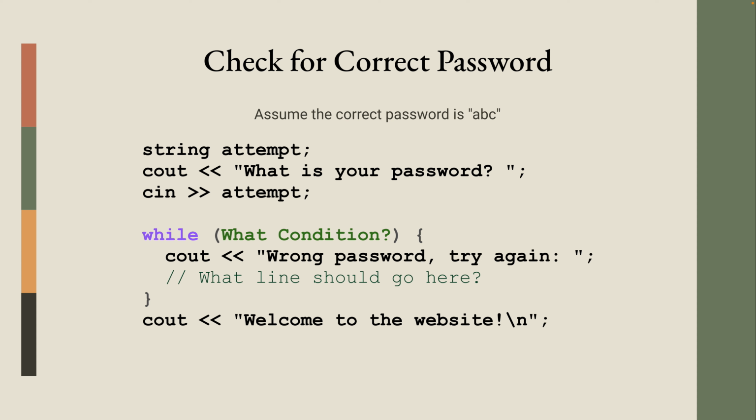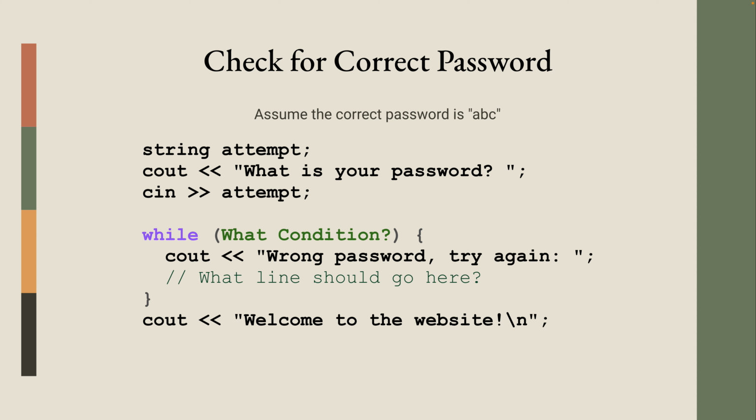Cin into attempt. So here we're not increasing attempt by 1 or 2, attempt is a string. So in the loop, if they get the password wrong and we ask them to try again, we want to store that in attempt again. And then what goes in the condition? Attempt not equals ABC. Yeah, so attempt doesn't equal ABC.